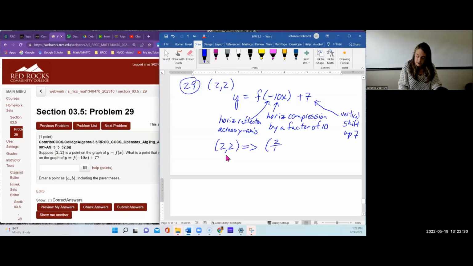So I get 2 divided by 10. And I leave the y value alone. This is the horizontal compression by a factor of 10. I can also rewrite this as 1 divided by 5, since that's equivalent to 2 divided by 10. That's simply simplifying the expression.